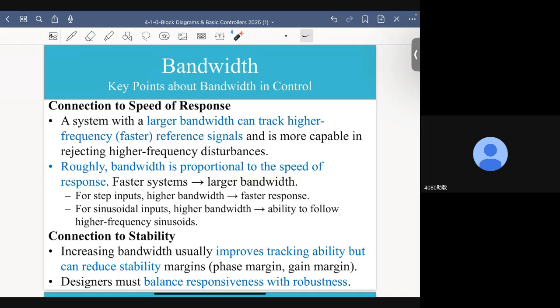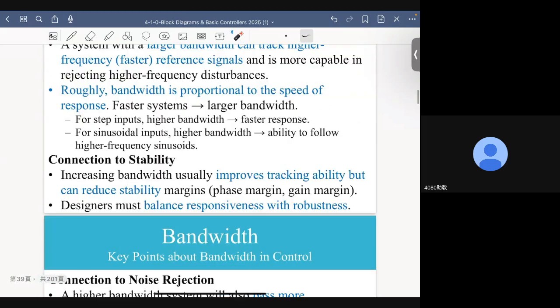So bandwidth and speed of response, essentially, you can think of them as two sides of the same coin, okay? One is from the perspective of the time domain, and the other is from the side of the frequency domain, all right?